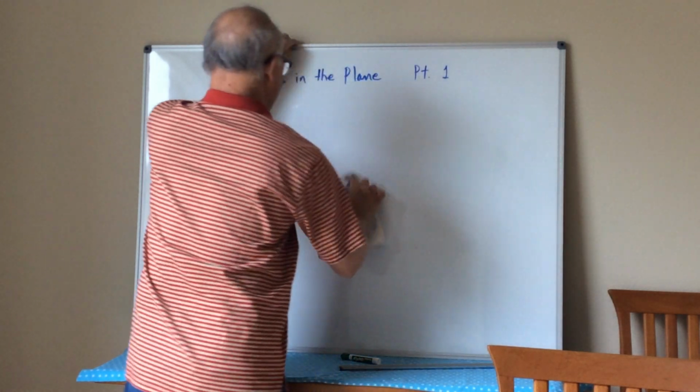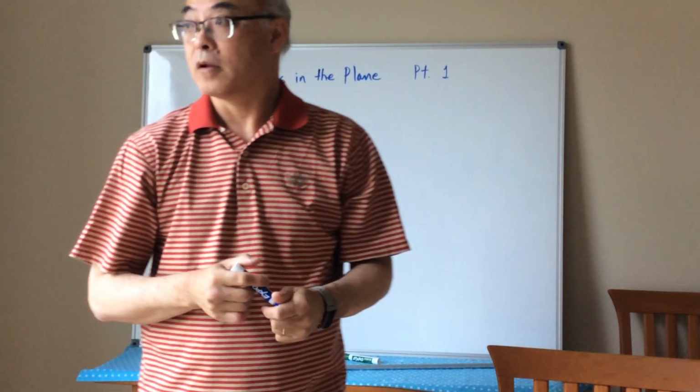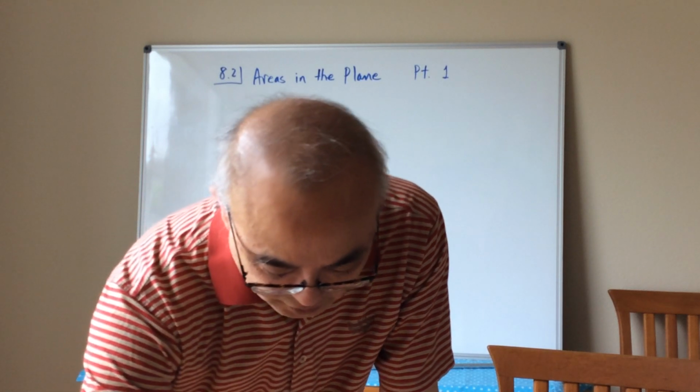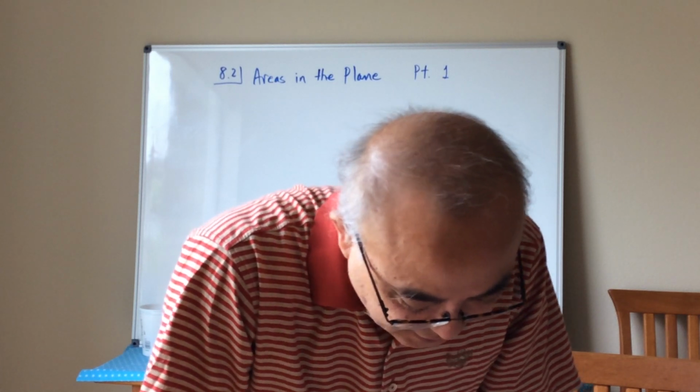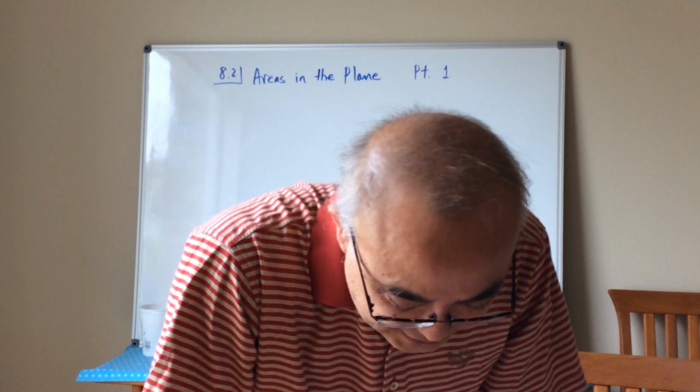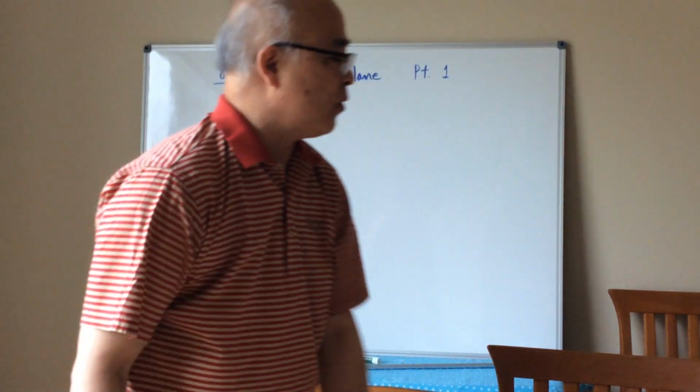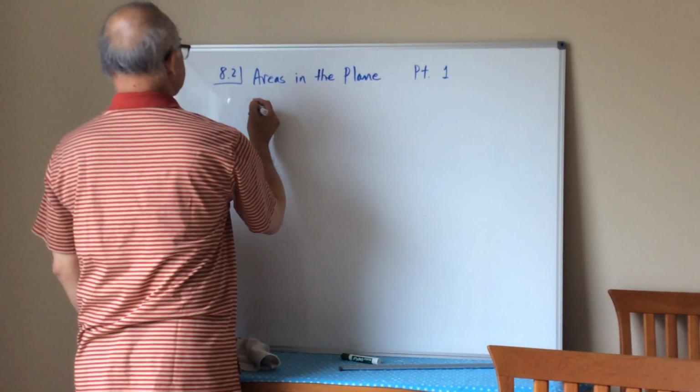So example number 1. Find the area of the region between secant squared x and sine x from 0 to pi over 4.